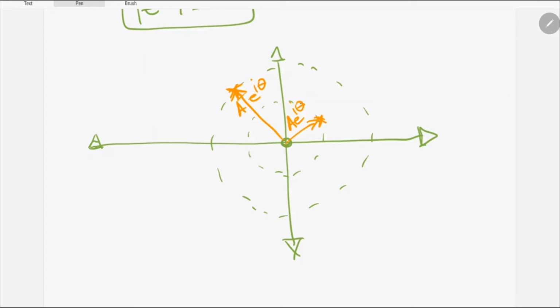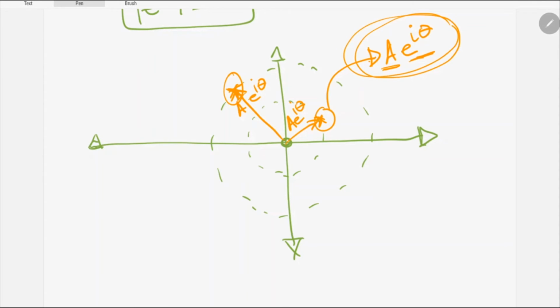So the true location of these points will be traced by a·e^(iθ), where a represents how long this vector is, and this e^(iθ) represents the phasor, and together they generate a complex number.